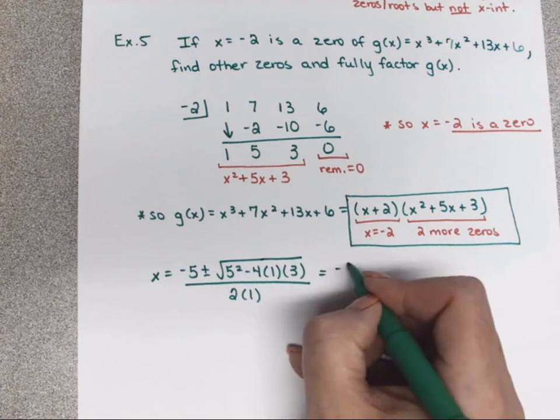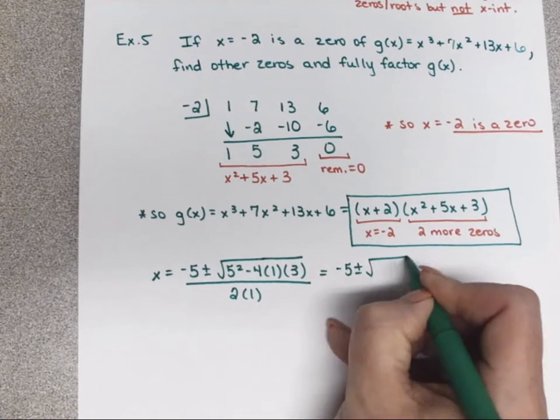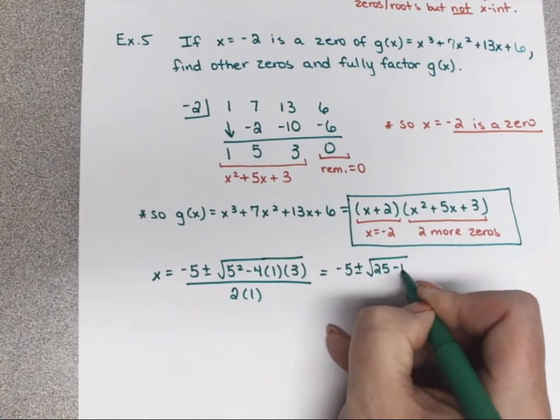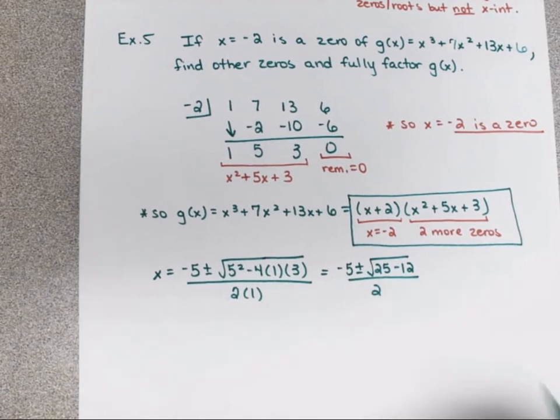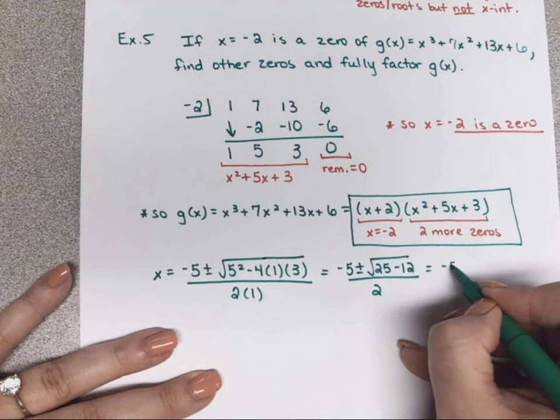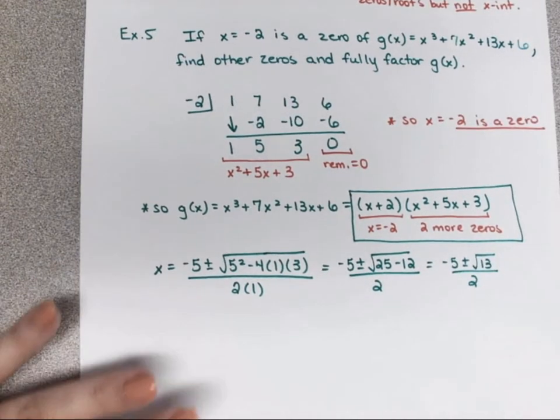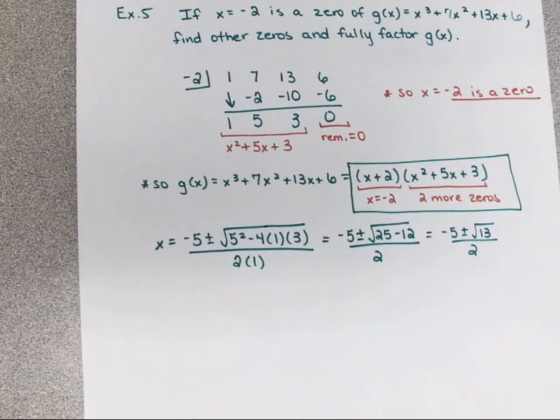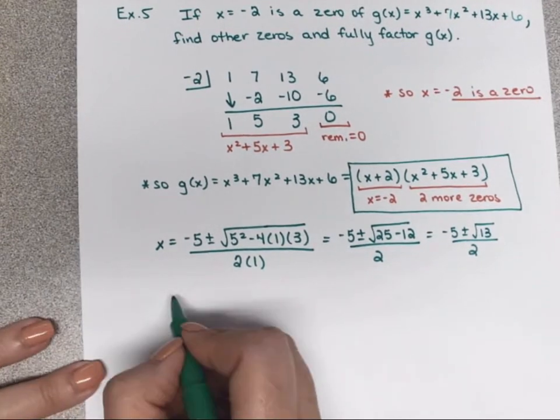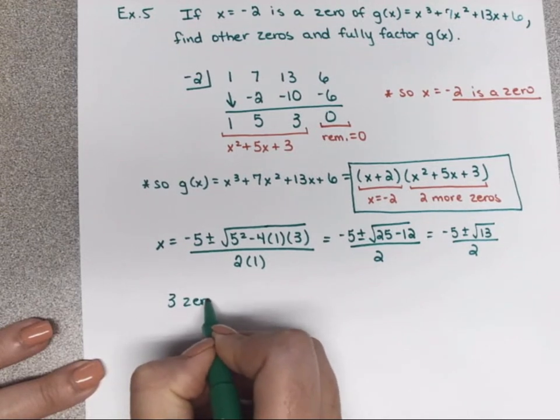So I end up getting negative 5 plus or minus the square root of 25 minus 12, over 2. Notice this one doesn't really reduce much. I just get that, and there's nothing I can really do with 13 because it's prime. But I actually have my 3 zeros now.